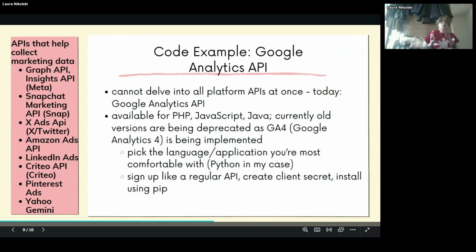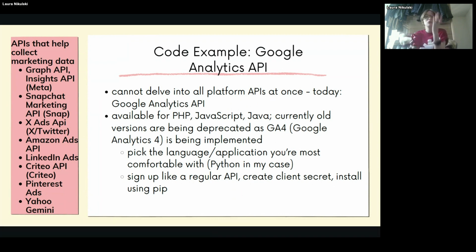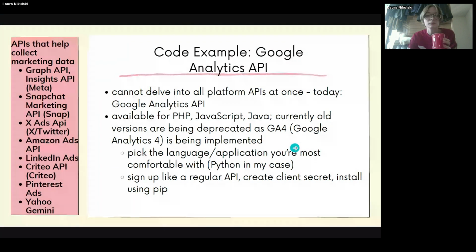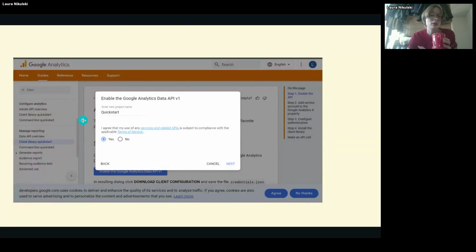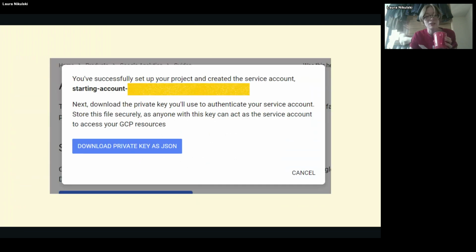And to be honest, it's pretty much like a regular API. I'll show you in a minute. So you sign up, you create a little client secret, and you install using pip pretty much. So let's have a look. Okay, so you go onto Google Analytics, you install it, and you say, okay, I agree to the license agreements.